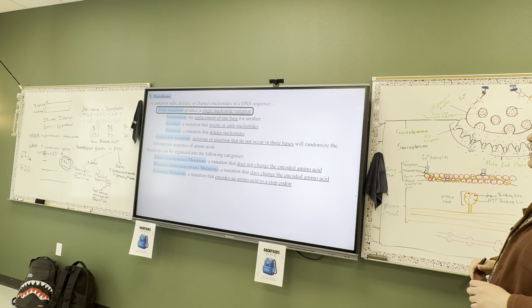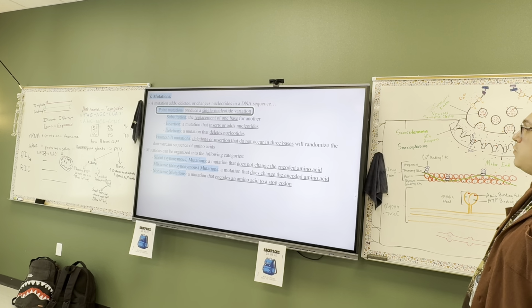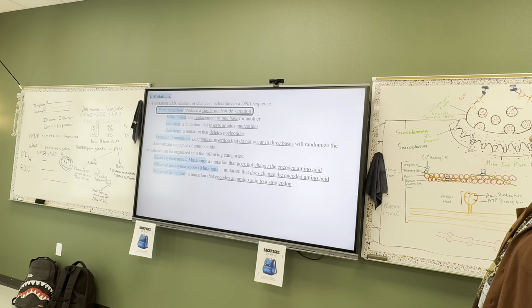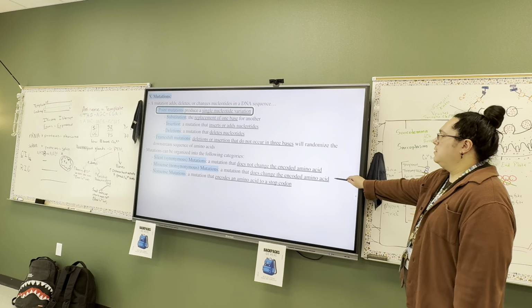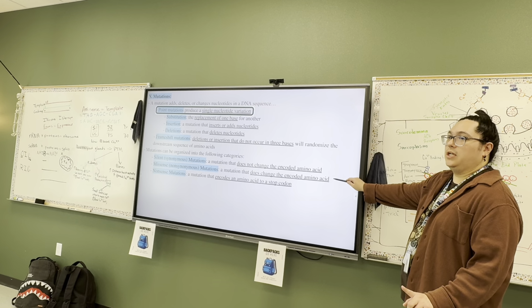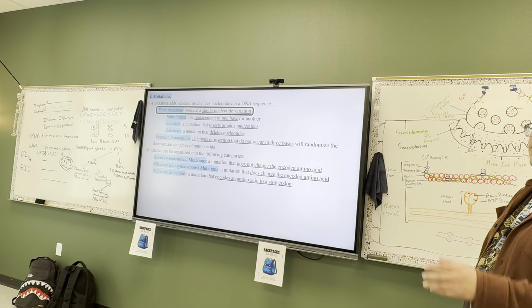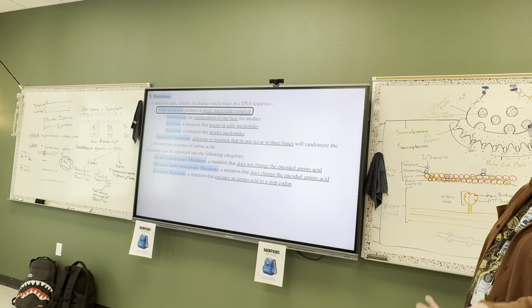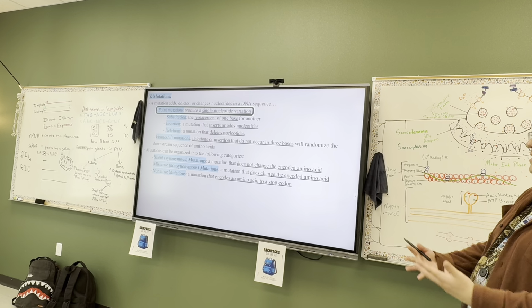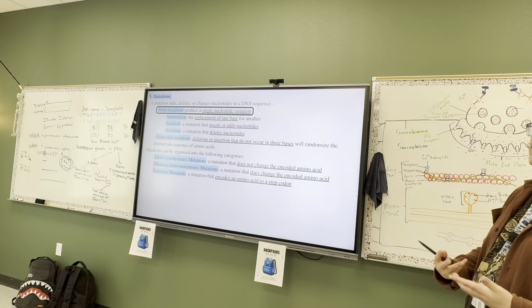Then missense is a what kind of mutation? Go ahead and read that one for me, please, Abigail. A mutation that does not change the encoded amino acid. That does change. Oh, that does change the encoded amino acid. So for example, if you were supposed to get serine, but we end up getting glutamine, that is a missense because it changes what we were supposed to get.